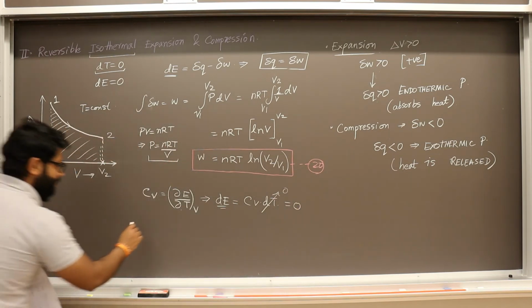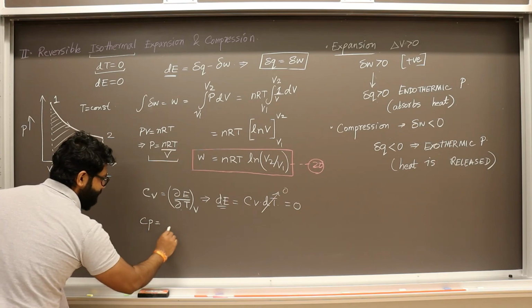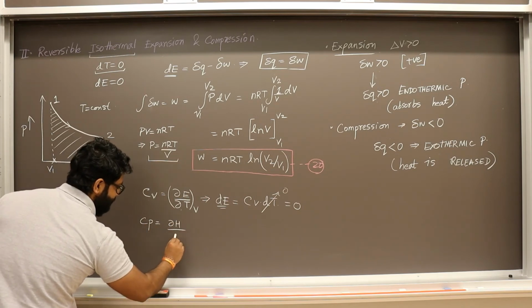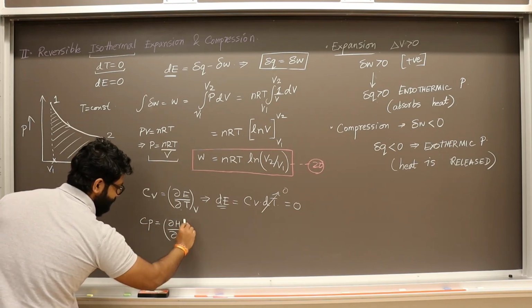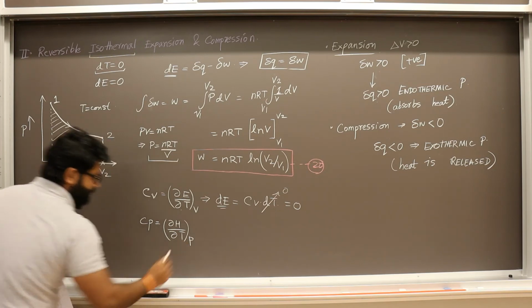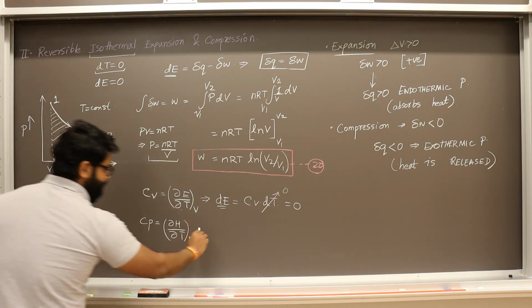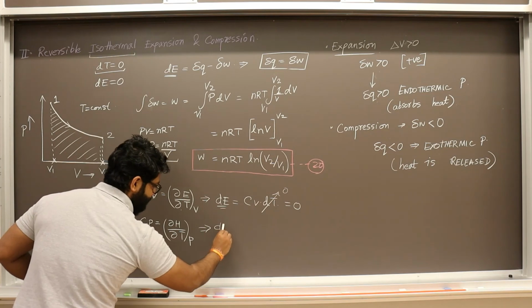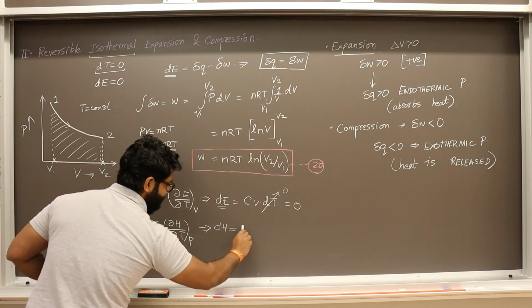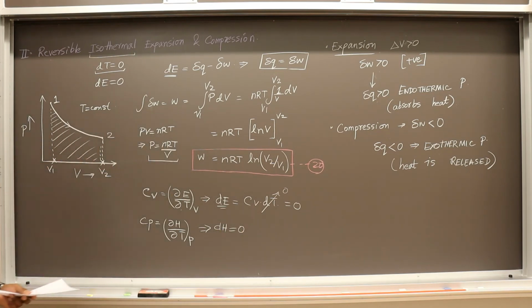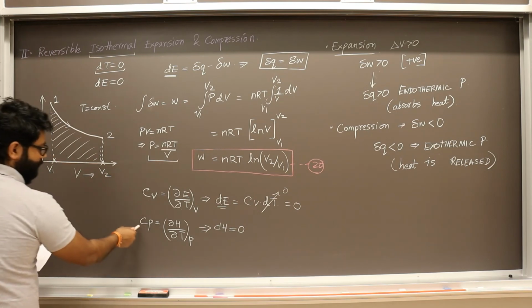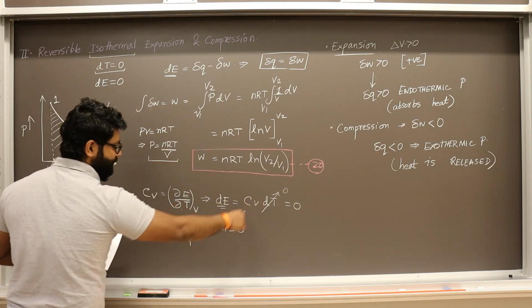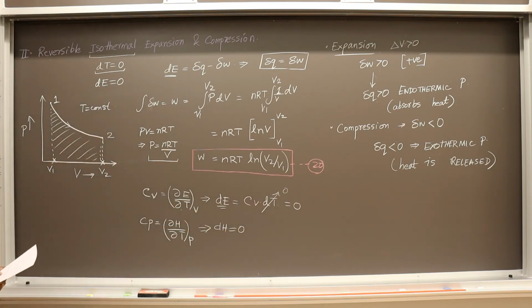Similarly, for Cp, this will have a similar fate in which delta H becomes 0, because dT goes to the other side, so dH becomes 0, right?